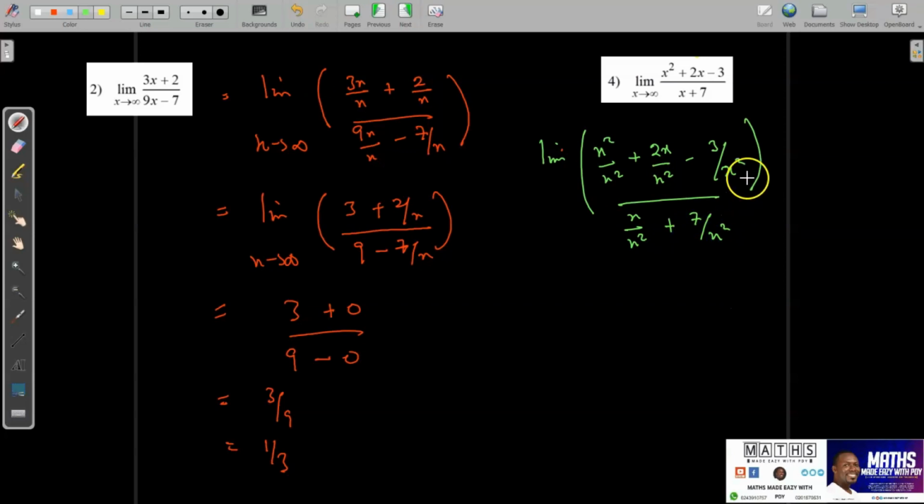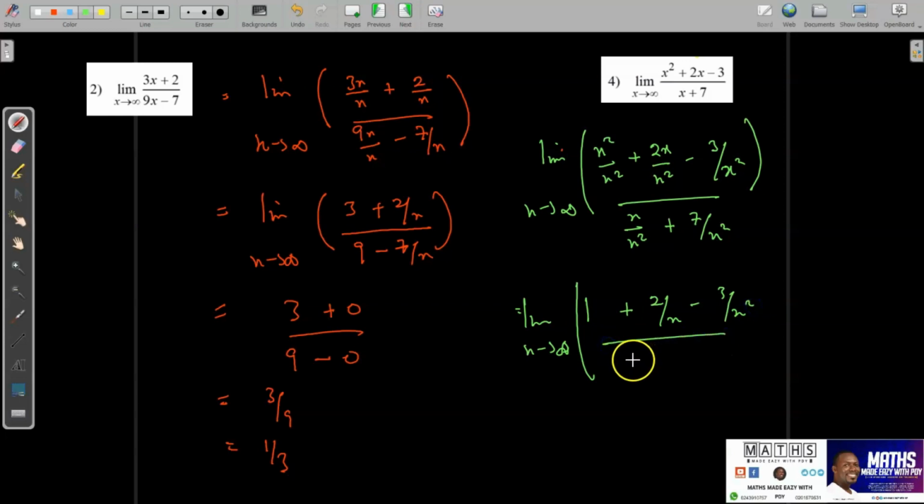Are you with me? Yes, please. Okay, so going further, as x approaches what? Infinity. Going further, you end up getting limit as x approaches infinity of 1 plus 2 on x minus 3 on x squared, all over 1 on x plus 7 on x squared.